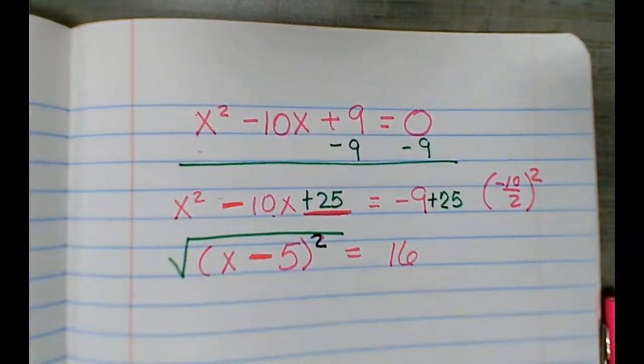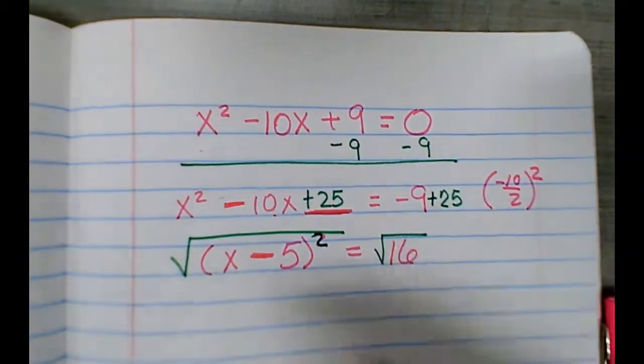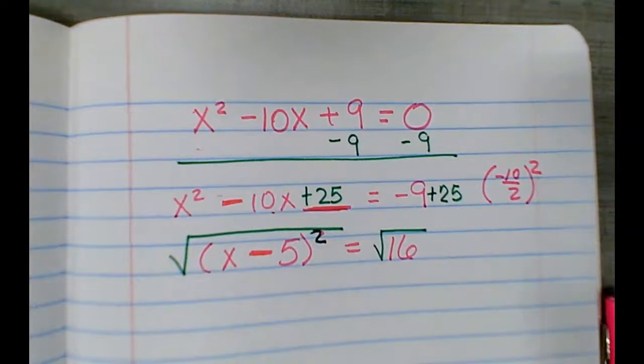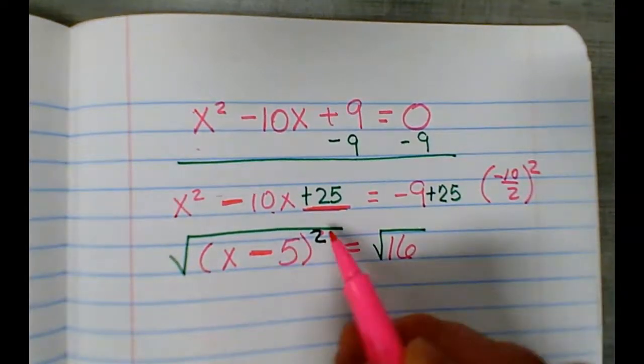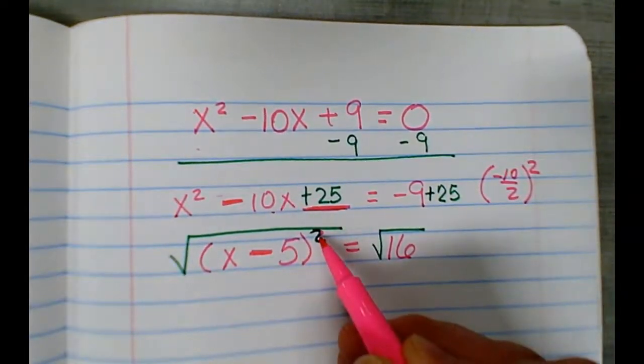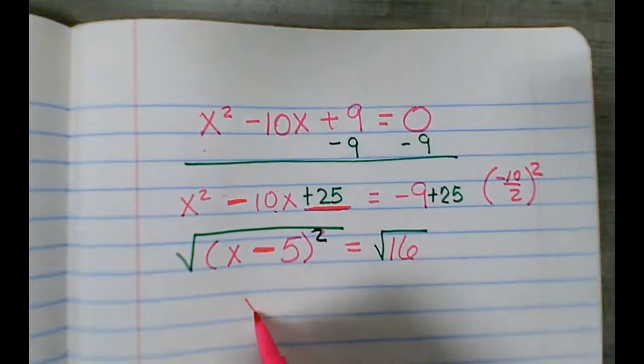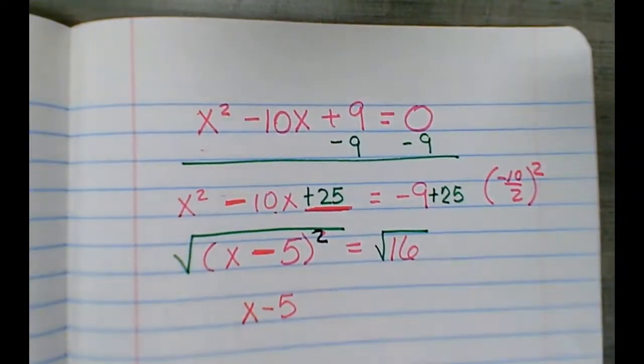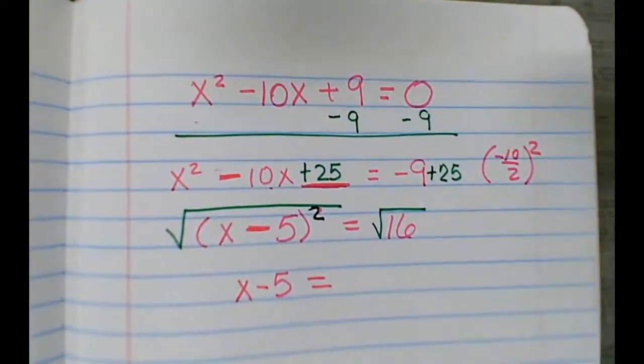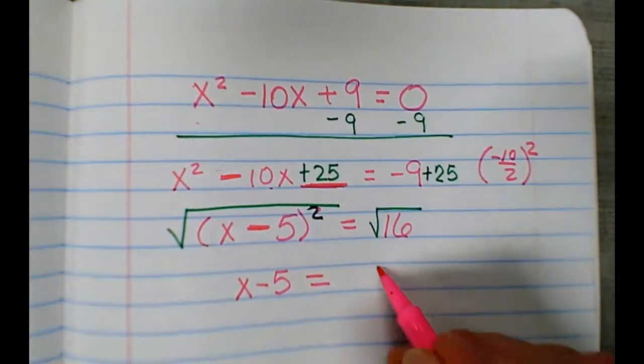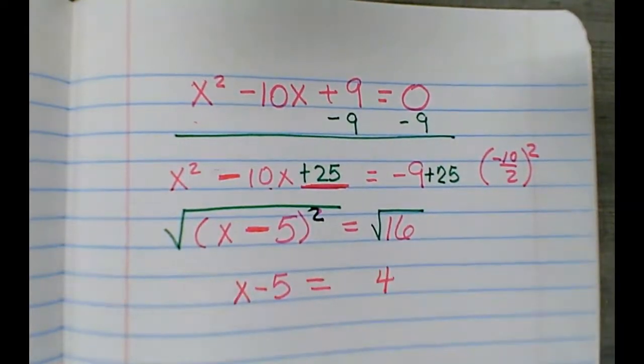If I square root on the left-hand side of the equation, what do I have to do on the right-hand side of the equation? And the square and the square root cancel each other out. And so this is x minus 5. What's the square root of 16? Why is 4?